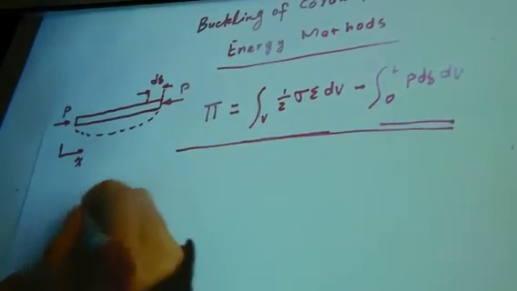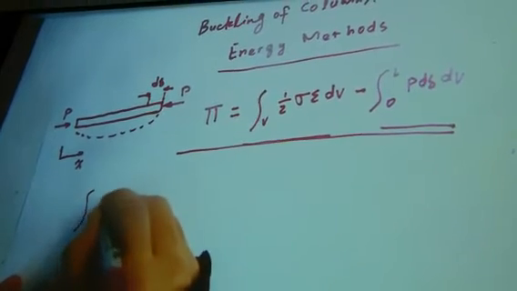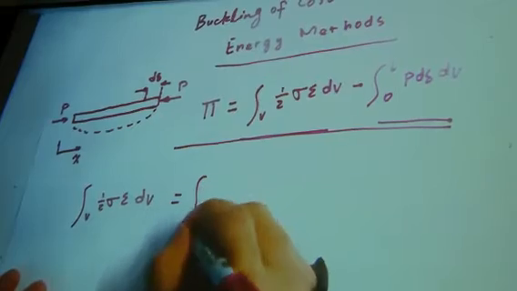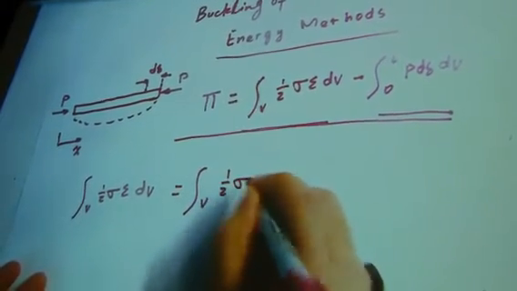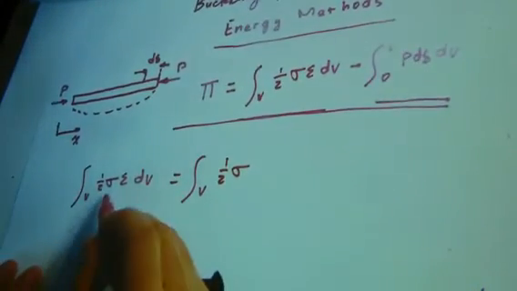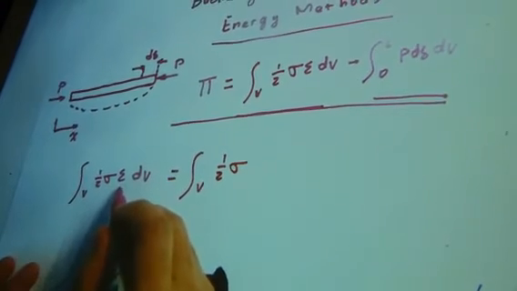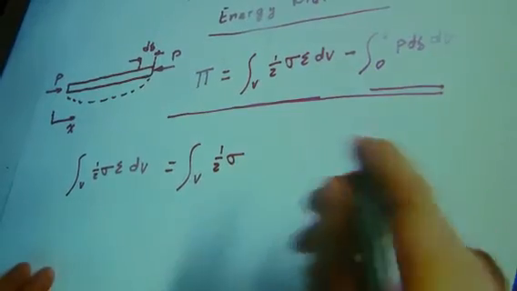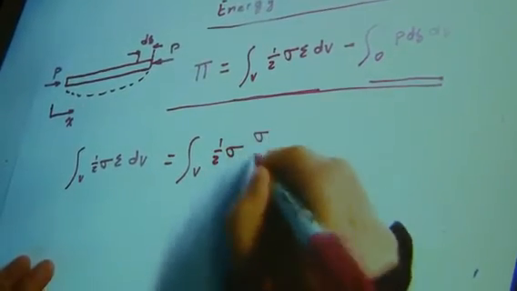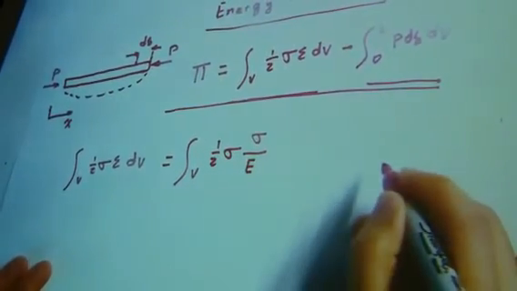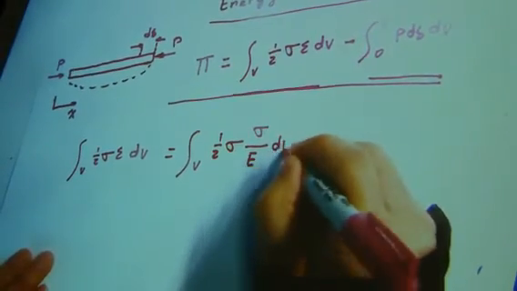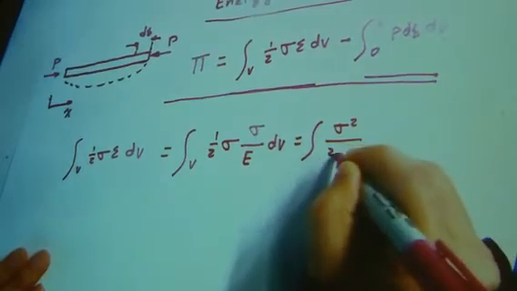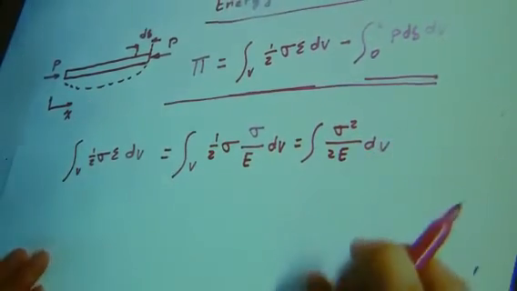So we need to deal with the first term first. Integral of sigma epsilon dV. If you follow Hooke's law, sigma is stress, epsilon is strain. dV is volume integration. Okay? We convert this strain into a stress. This becomes sigma squared over 2E dV.